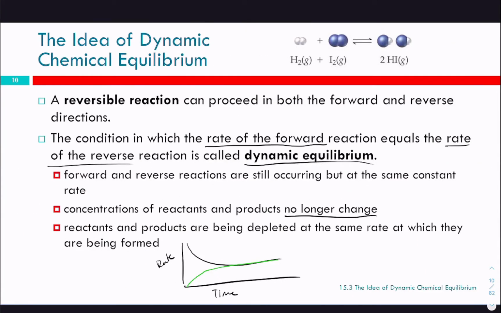It's where the reaction rate of the forward reaction is equal to the reaction rate of the reverse reaction. So we have as many products being made as we have products turning back into reactants. They're flowing back and forth. So the concentrations of products and reactants, if you were to take a snapshot at any point, would be the same.